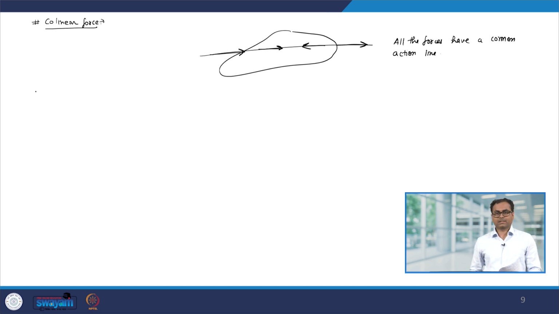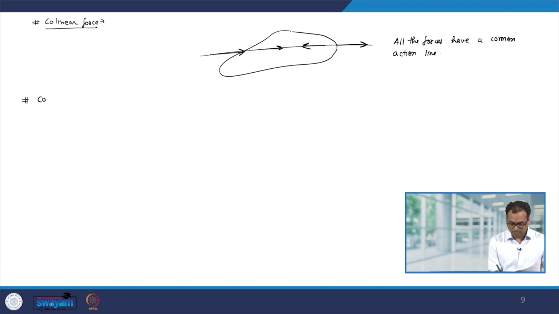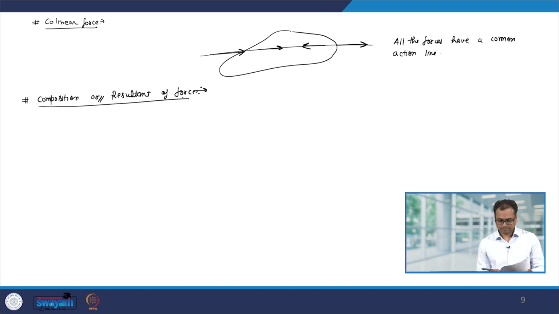Now, to analyze the forces, we will also need to reduce the forces, or sometimes we have to divide the forces into different components. So, now let us look at the composition or the resultant of forces. Okay.